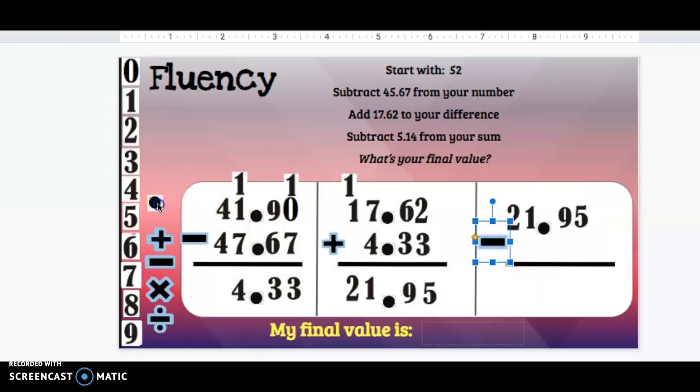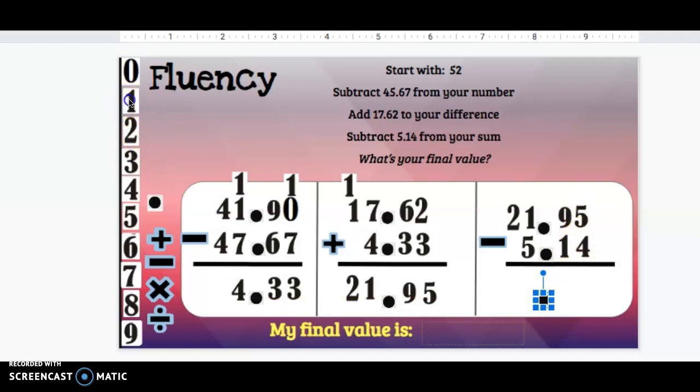Line up my decimal points. I always put my decimal point. And I look, the 5 is in the 1 spot, so I put the 5 underneath the 1 because that's in the 1 spot. Then I have a 1 in the tenths spot, and the 4 in the hundredths spot. I drop that decimal point down, straight down, okay? And now I begin to subtract.